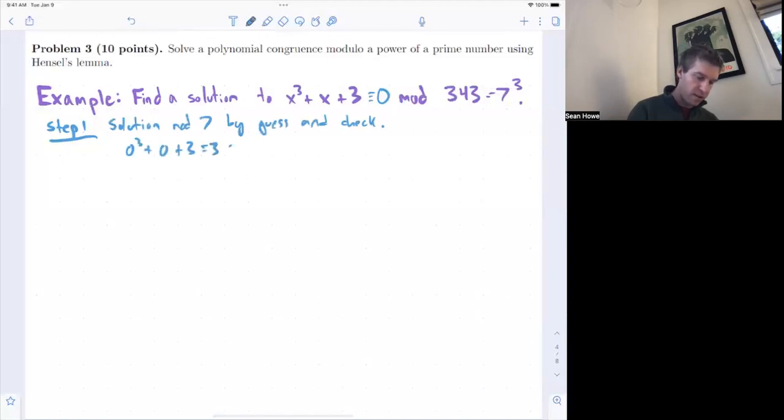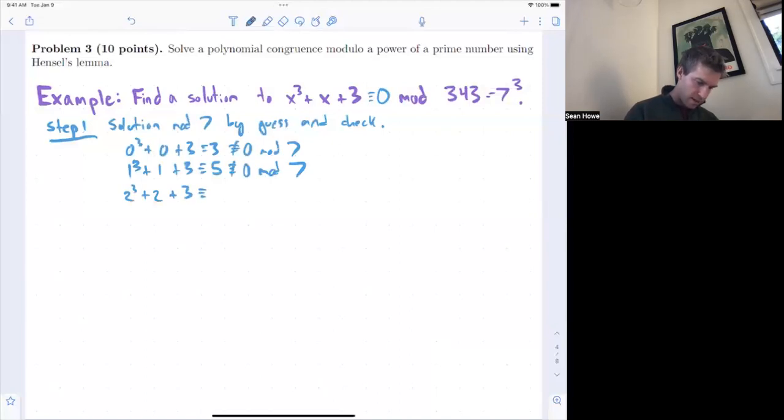That's congruent to 3, not 0 mod 7. So that's not a solution. 1 cubed plus 1 plus 3, that's congruent to 5, which is not congruent to 0 mod 7. If I do 2 cubed plus 2 plus 3, that's 13, which is not 0 mod 7.